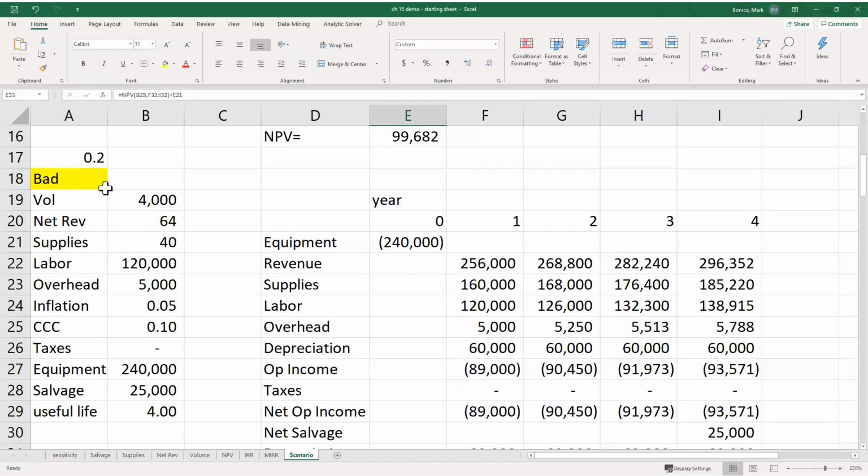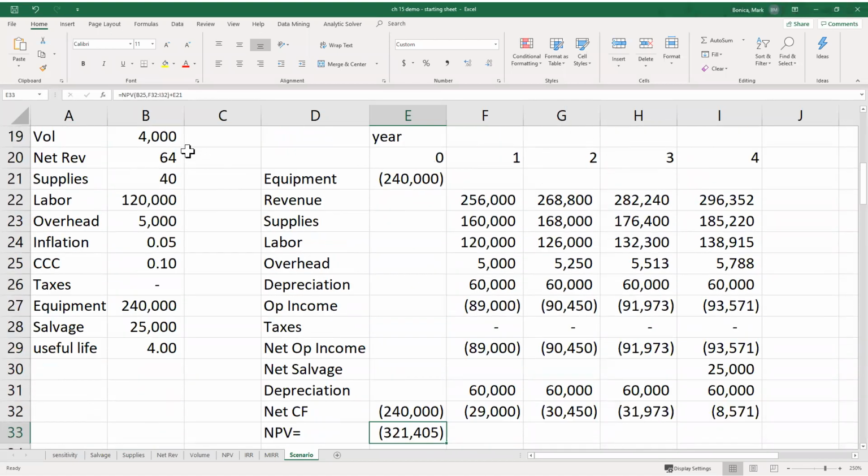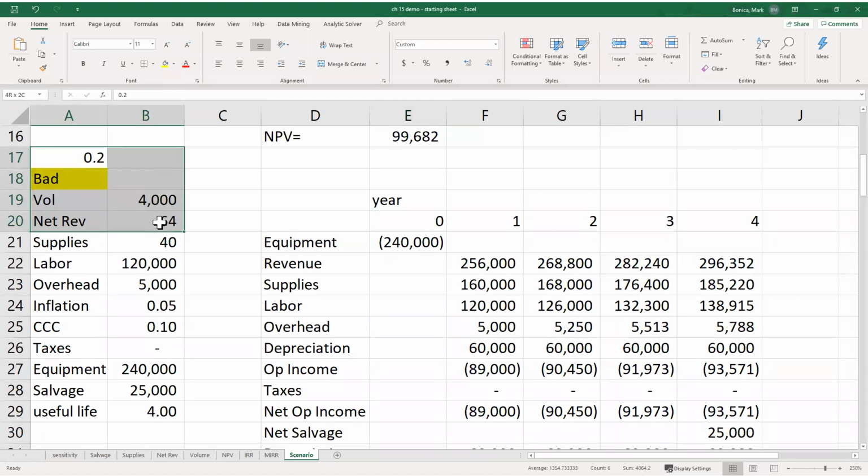So let's go ahead and copy these cells that I changed. I'm going to copy from A17 down to B22.